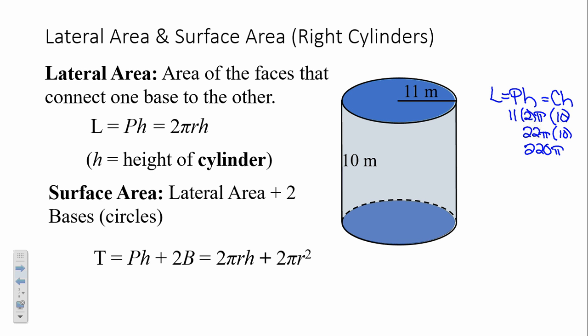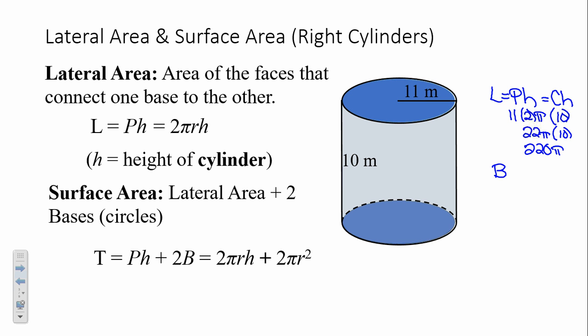Now when you want to find the surface area, that means that we need to find the... hold on for 1 second. Let's go ahead and find, if I'm keeping up with your sheet, the next thing we say is let's find the area of the base, because we're going to use that in just a moment. So the base is a circle.